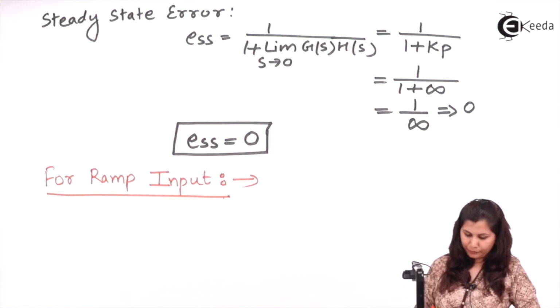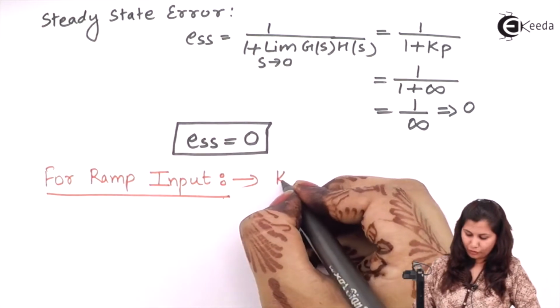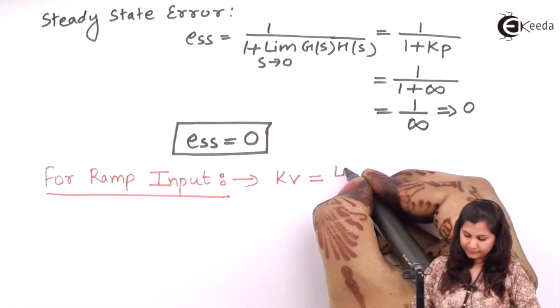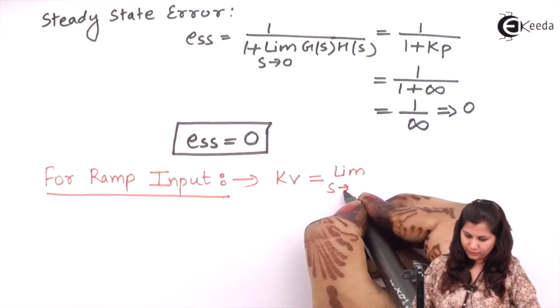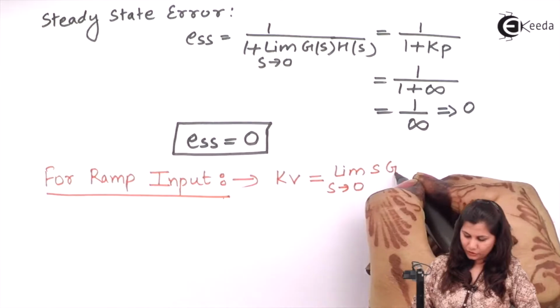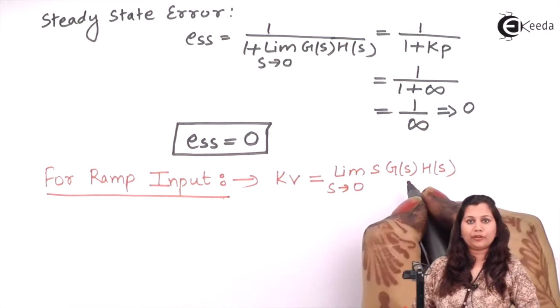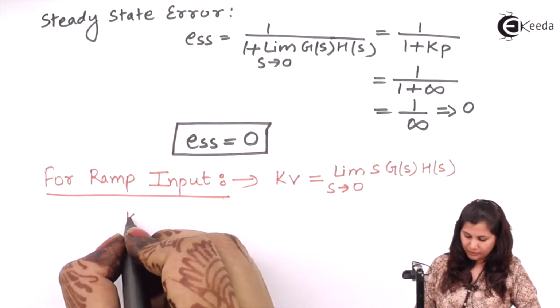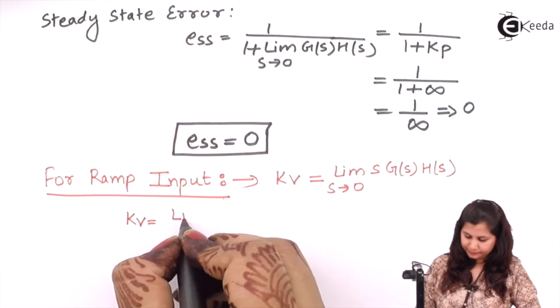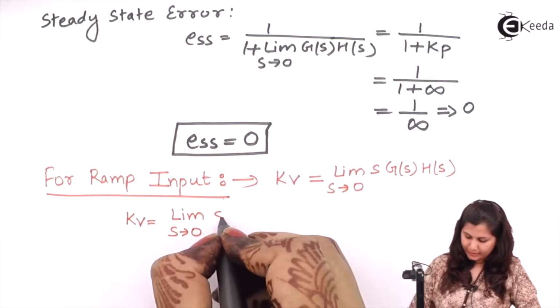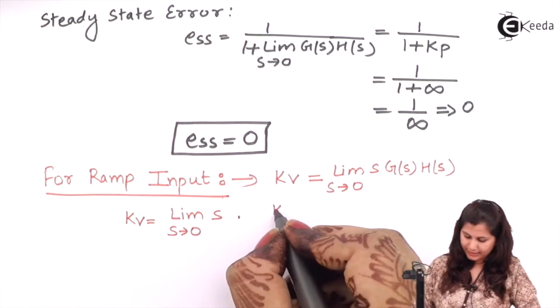So for ramp input, we are having the static velocity error coefficient as limit s tends to 0 of s GsHs. Putting the value of GsHs in this expression, we will get s times K over s and so on.